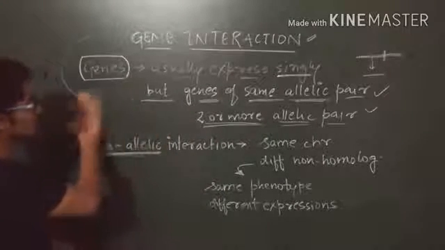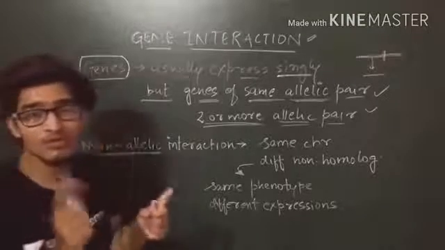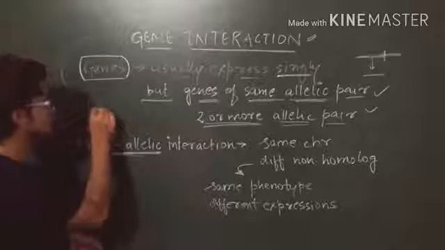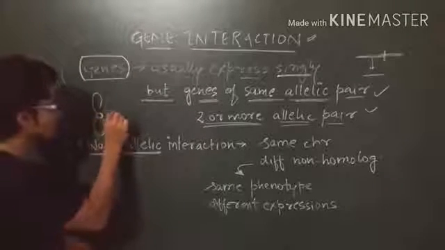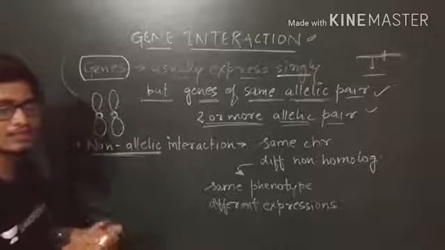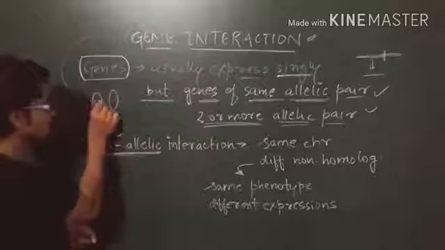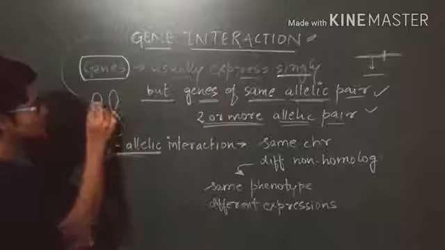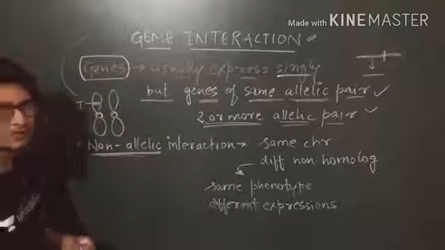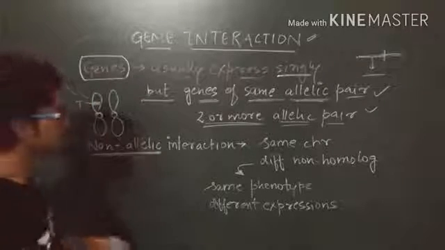We know very well that they may not be present on the same locus, because when we talk about alleles, or the genes of the same chromosome, let's first talk about the alleles. For example, this is the gene for tallness. It means that this is the gene for height.